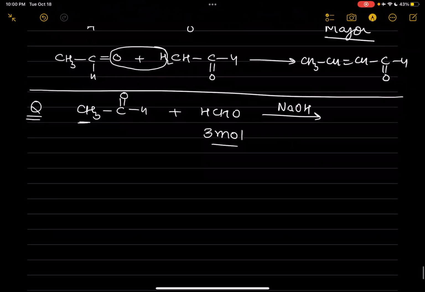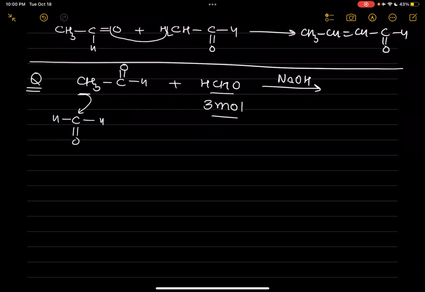This is the one having the alpha hydrogen, not that one. Write it like this. Remove the alpha hydrogen from the carbon, make a carbanion, join it to C=O, and put the alpha hydrogen on the O minus. Right? Yes, sir. So with 1 mole, what are you going to get?